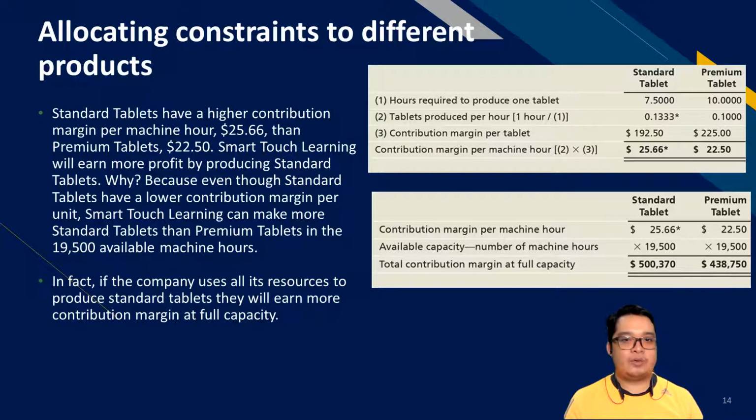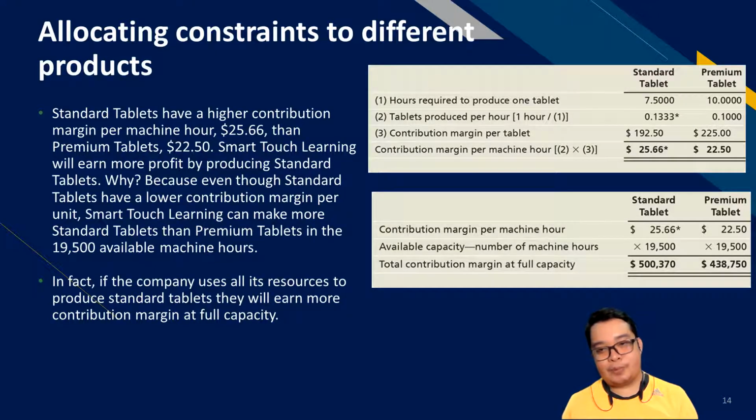So, how much profit are we going to earn at full capacity? For example, if you look at the standard tablet, it's 25.66. If we devote all of the machine hours to the standard tablets, the contribution margin that we will receive is 570.